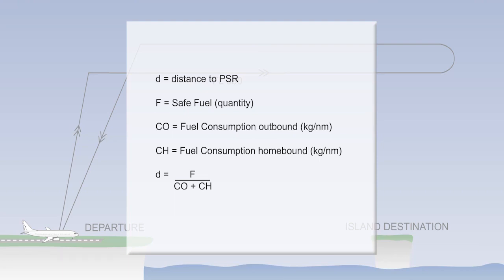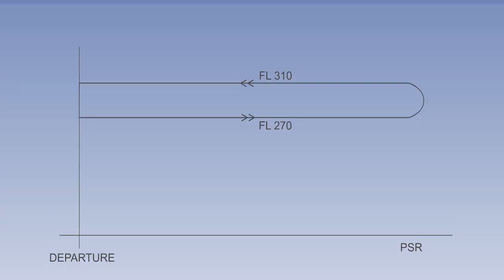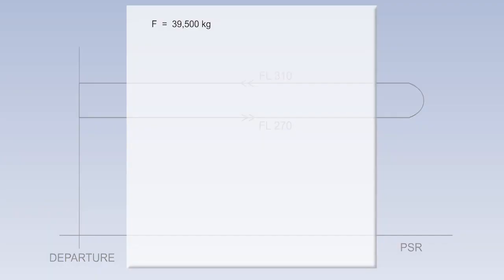Here's the formula again. We'll say that we fly outbound to the point of safe return at flight level 270 and return at flight level 310. F, our safe fuel, is 39,500 kilograms. Our TAS remains constant at 310 knots.